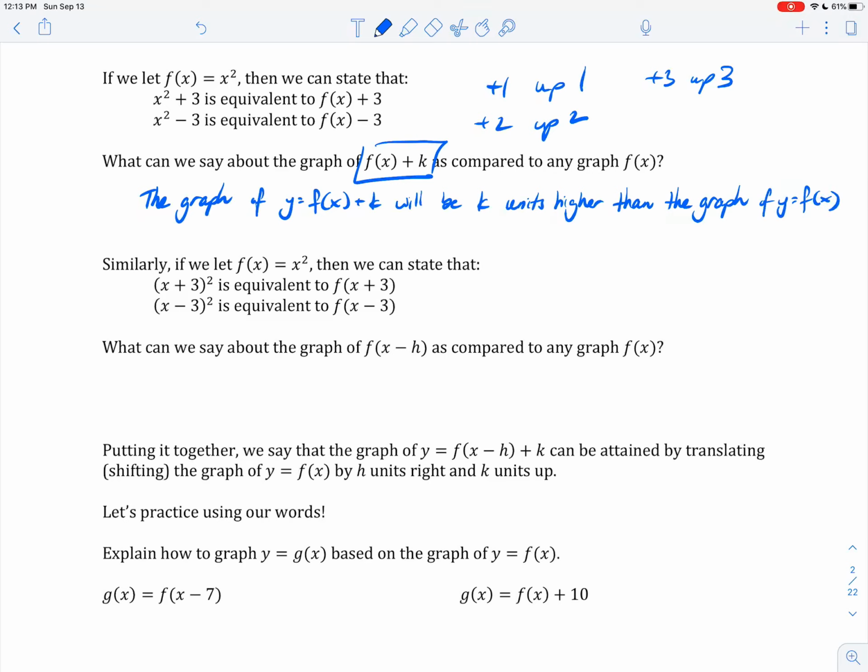If k is 1, then it's going to be 1 unit higher. If k is 2, it'll be 2 units higher. If k is 3, it'll be 3 units higher.